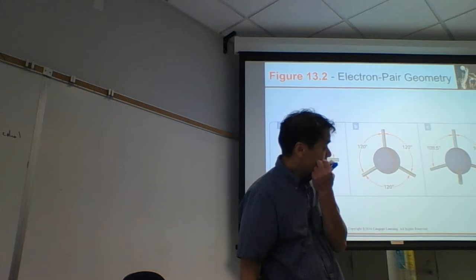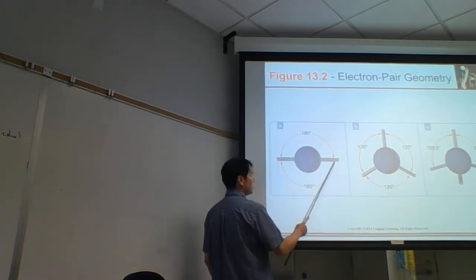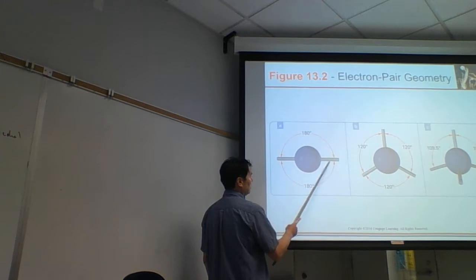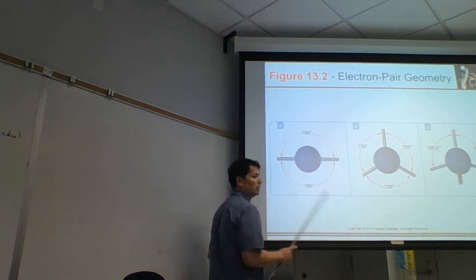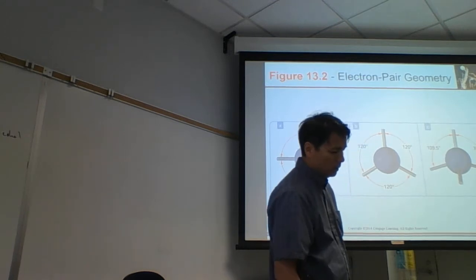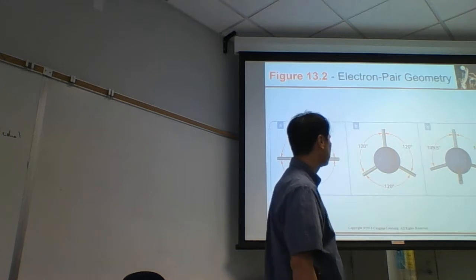For example, if you have a double bond, that's two pairs. And so you might put a double bond here, and on the opposite side put a single bond. So that would be two groups. Or a triple bond here and a single bond there. A triple bond, we don't call it three separate pairs. We just call it one group of electrons.